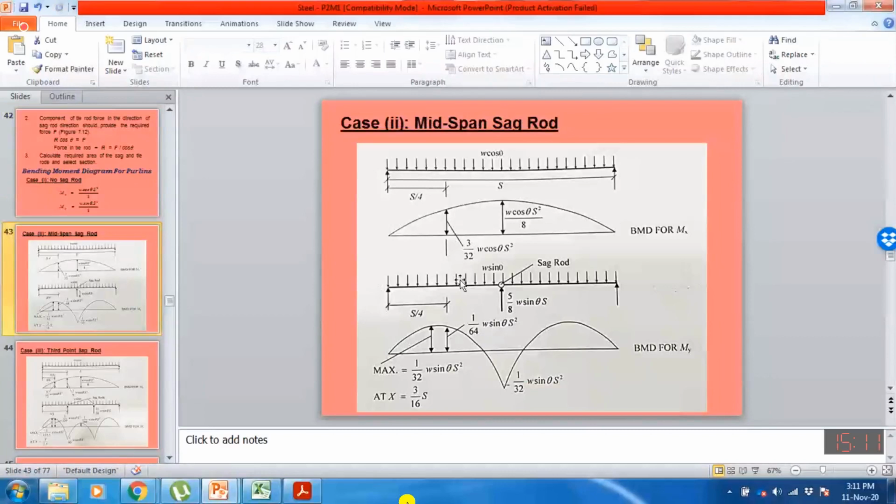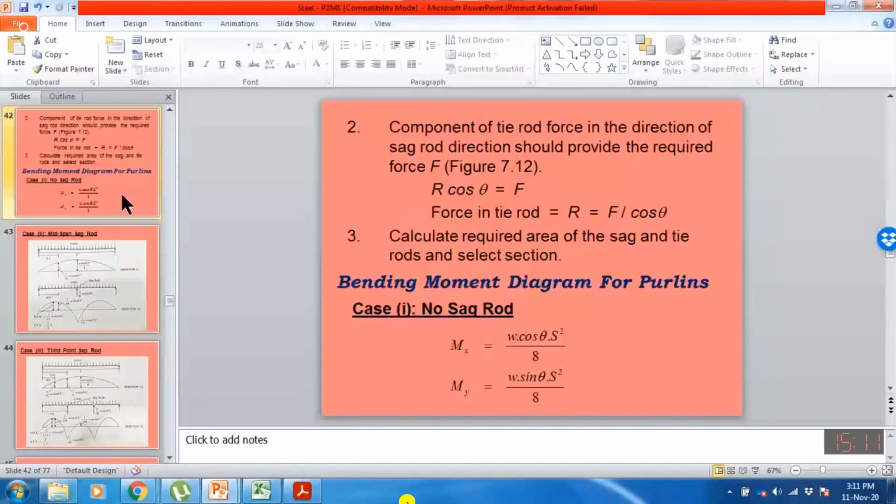So there will be two cases. I will come to the sag rod design later.